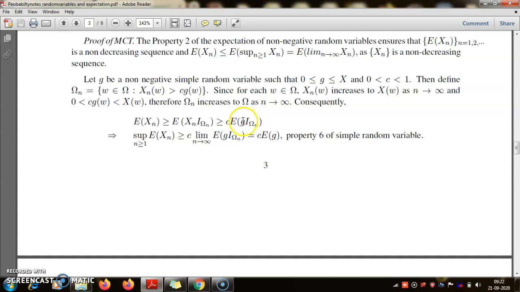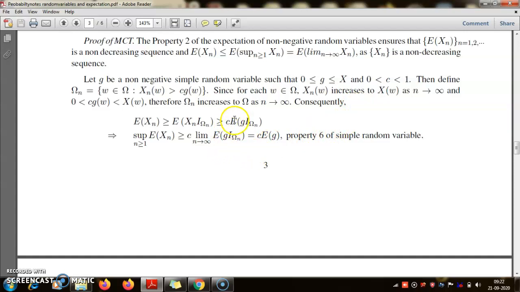I have skipped one step, it should be greater than or equal to expectation of c times g times the indicator. Now c comes out, which follows from the definition of expectation: if x is a non-negative valued random variable and c is a non-negative number, then expectation of c into x is c times expectation of x. That follows immediately from the definition.